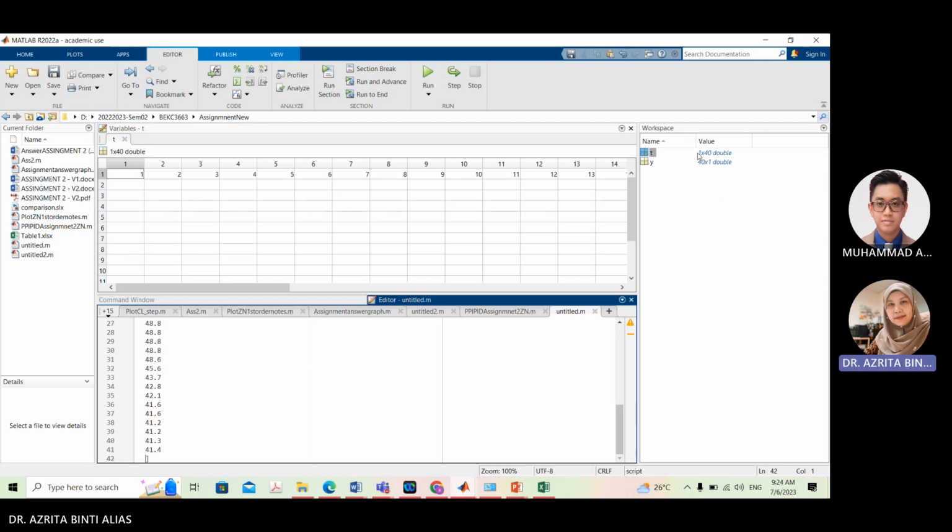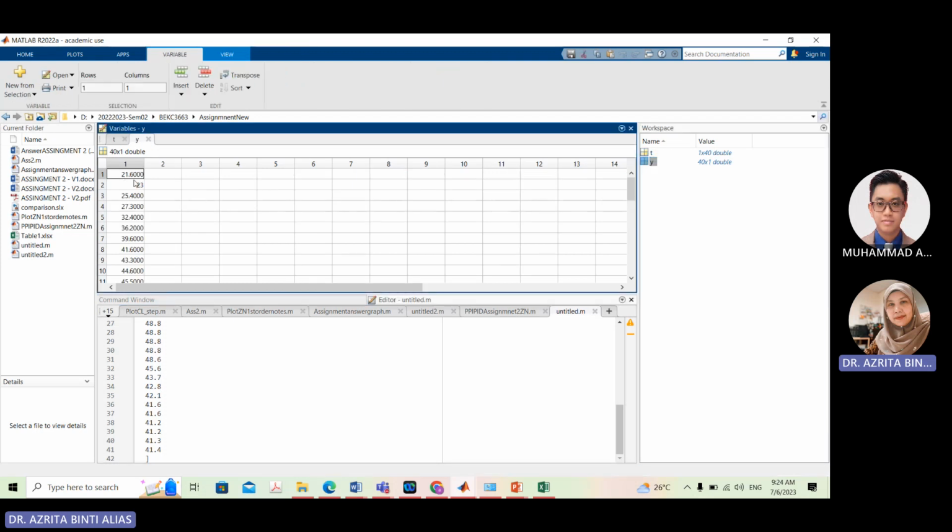T is 1 multiply with 14, but for the Y here, the data is 40 multiply with 1. If you click the Y, you can see the arrangement of the Y data is like this, but the T is like this. When we want to plot the graph, they must be the same.